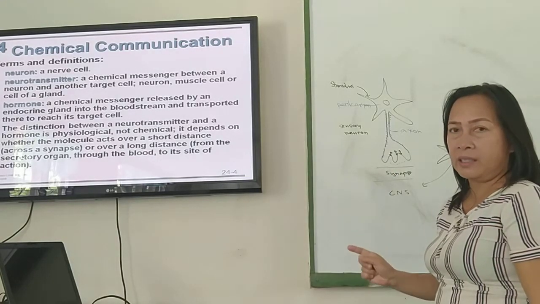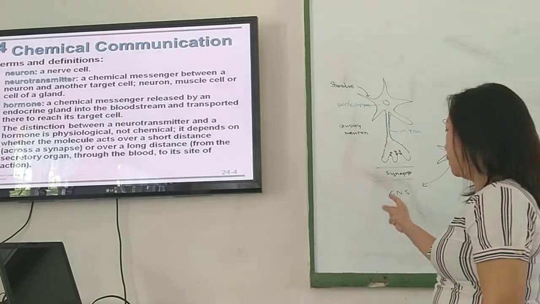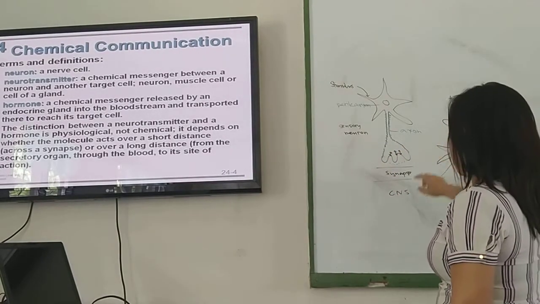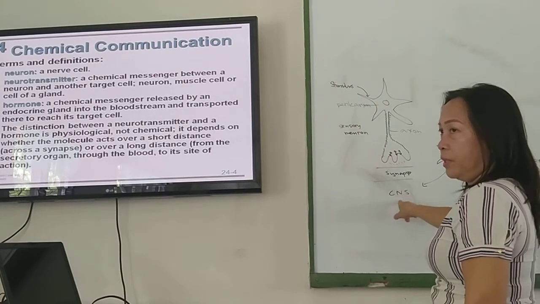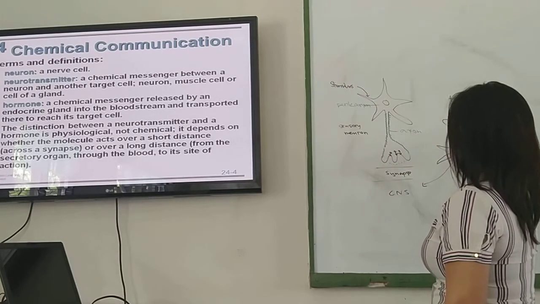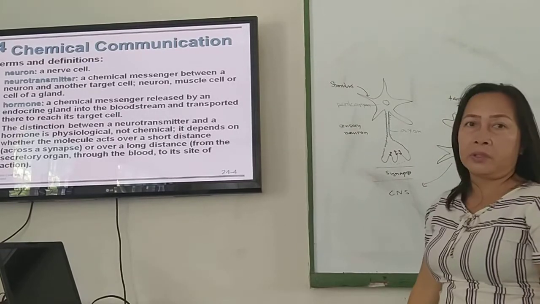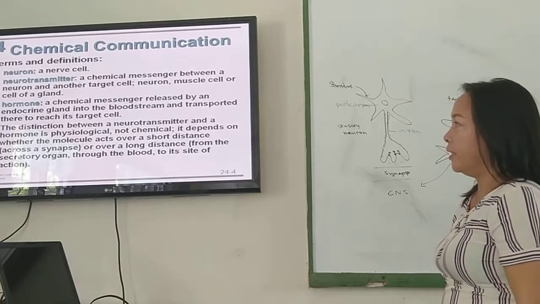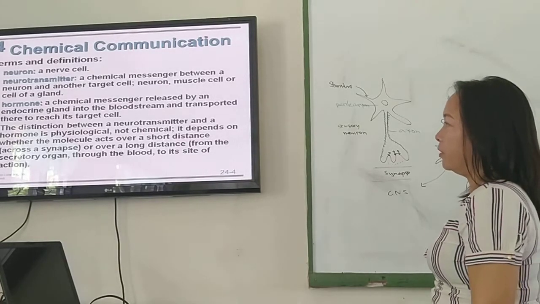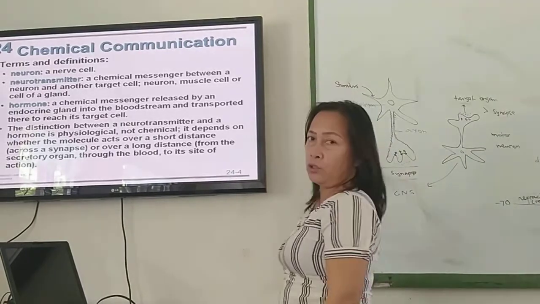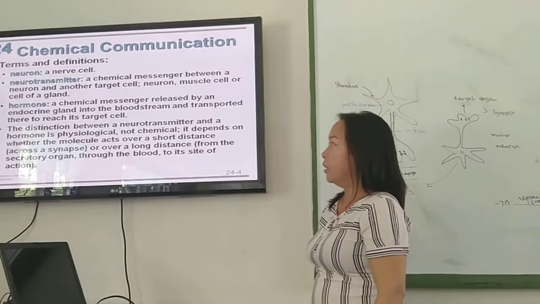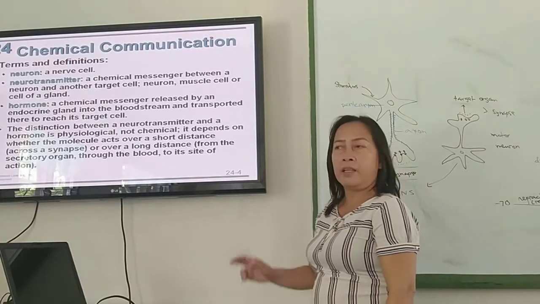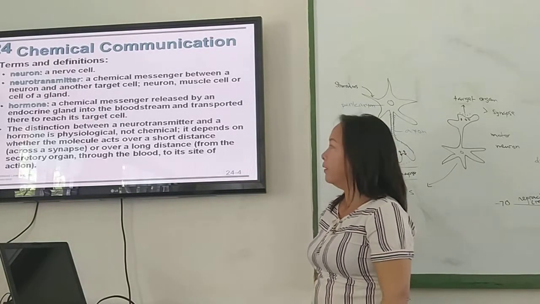So it targets right away, maybe to the central nervous system, and then you have the sensory, the central nervous system, maybe the brain, and then to the motor neuron to the target organ. So quick, milliseconds only. And then we have the distinction between neurotransmitter and hormone is physiological. As I told you, they don't have a difference in terms, they are similar chemically.